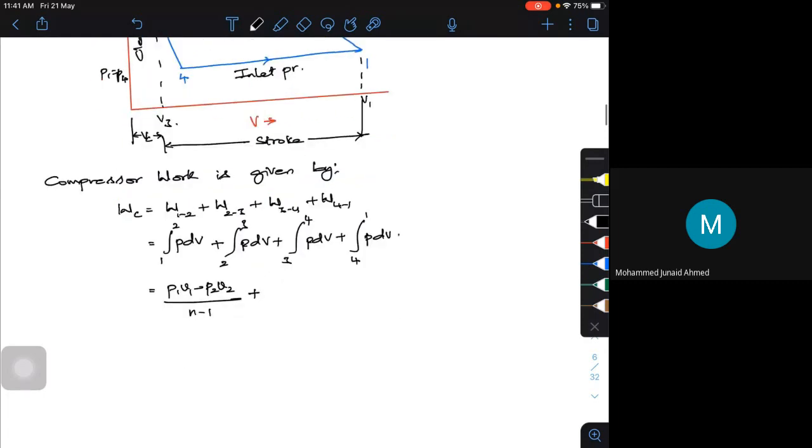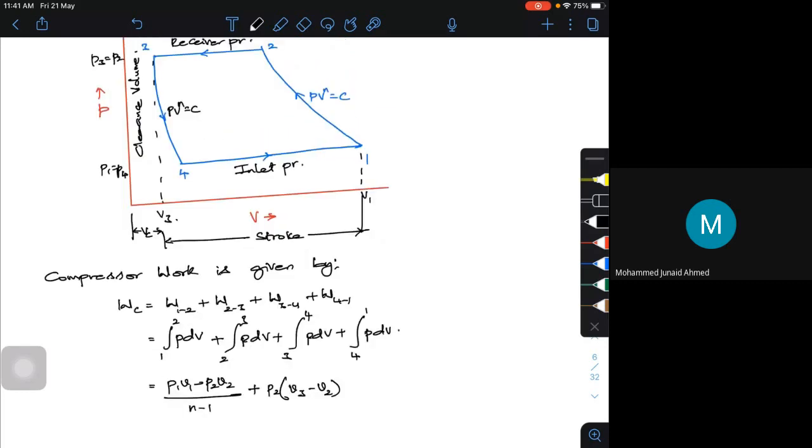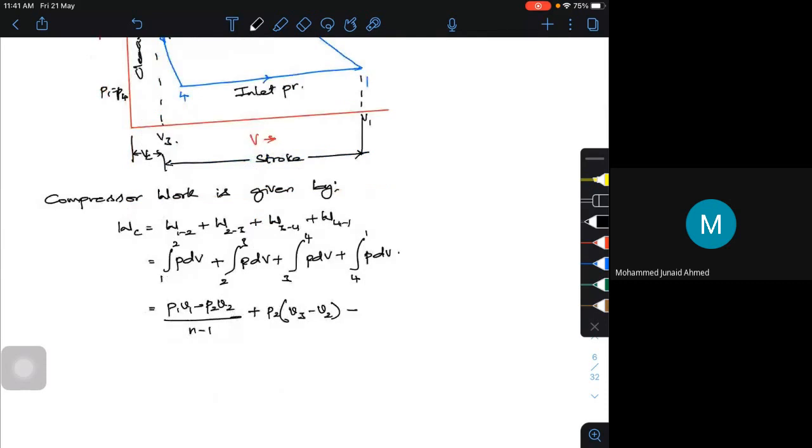So I can write it as P2 into final volume, that is V3, minus initial volume, that is V2. Then, if I take compression as positive, then your expansion will be negative. So I can write it as minus, that is P4 V4 minus P3 V3 divided by n minus 1. Plus P4 or P1, whatever it may be, I can write it as V1 minus V4.